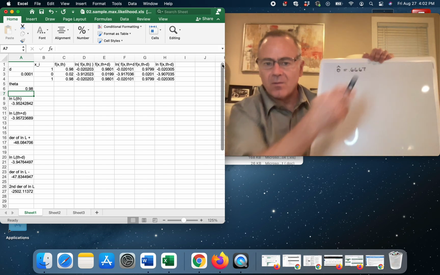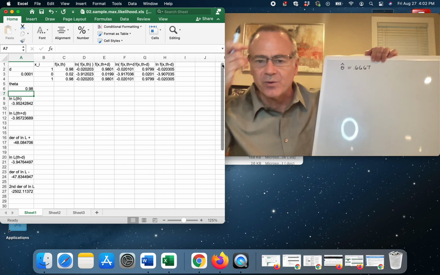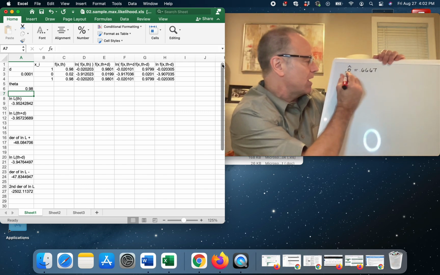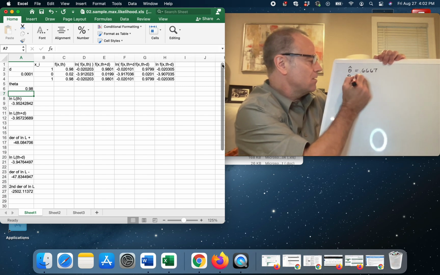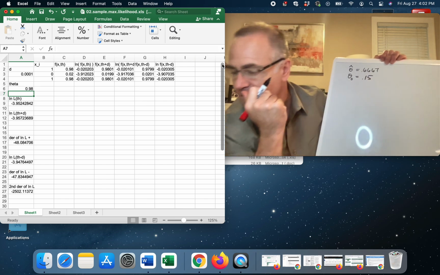Now when you do a likelihood ratio test, you need to have a restricted case, and so in this case we're going to have our null hypothesis, call it theta 0, that equaled 0.15.